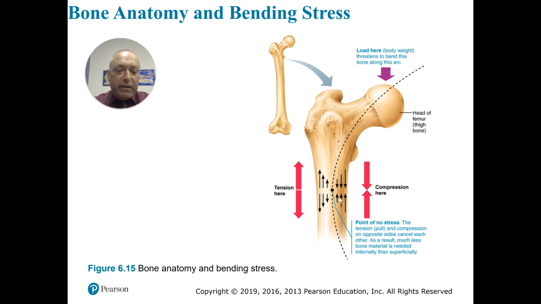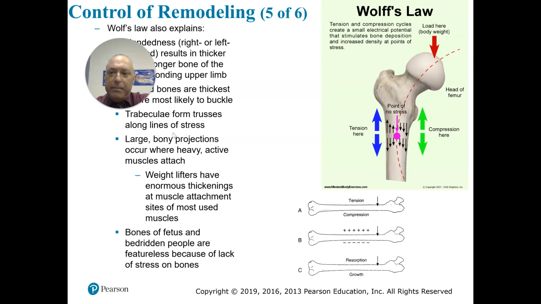So here we've got some compression of the diaphysis and tension of the diaphysis. You've also got angular stress across the head of the femur with load on the top of the head. So there is twisting and turning and bending, and these will all promote bone formation and hardening of this bone.